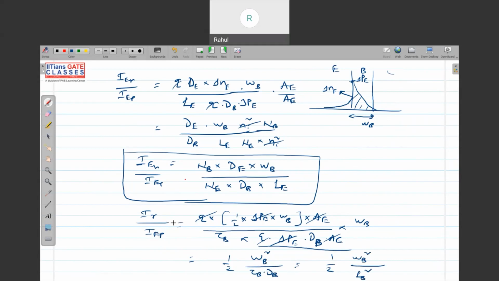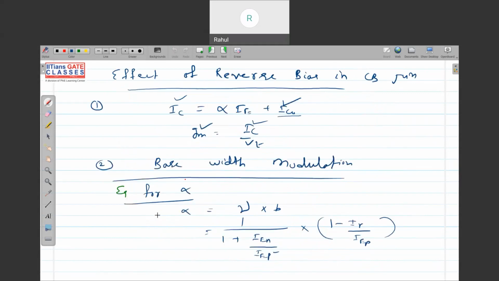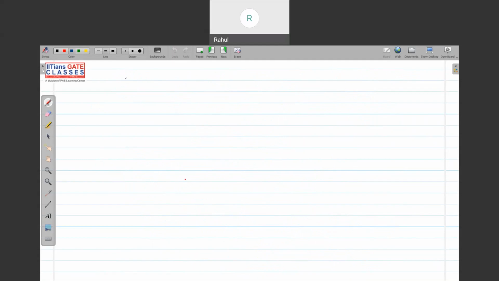Okay, so using this information, now we'll put it in this equation for alpha. So what is alpha now? Alpha is equal to 1 by 1 plus IEN by IEP.